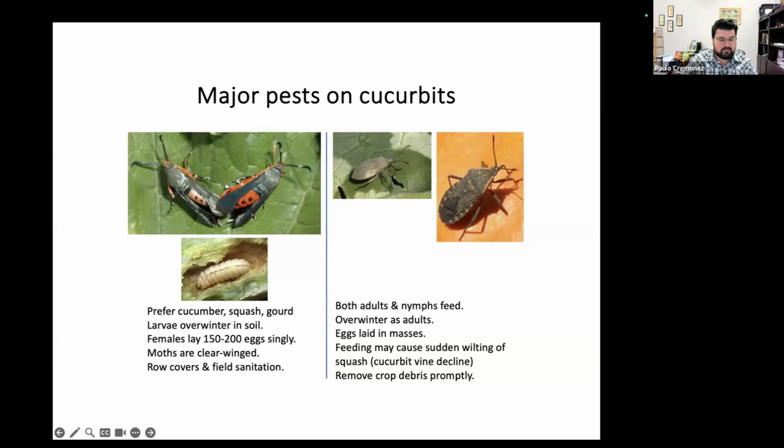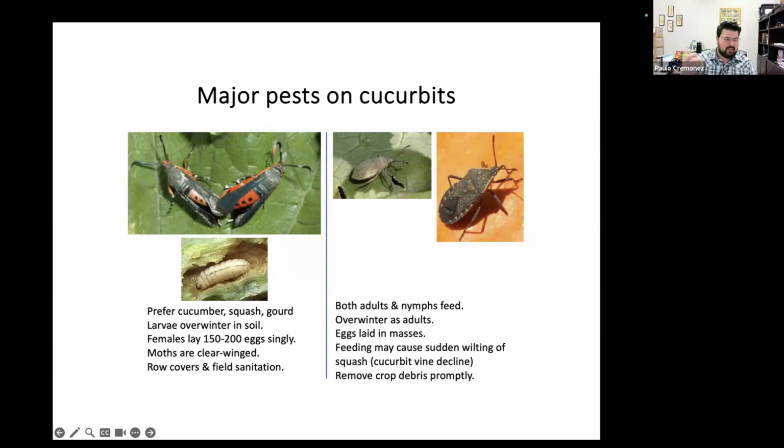Crop rotation and field sanitation are very important. Both the adults and the nymphs overwinter as adults, so they will be around. The eggs are laid in masses, so sanitation is really important for this.